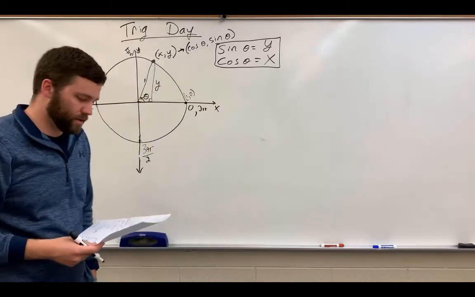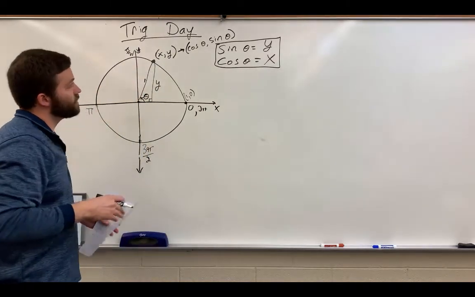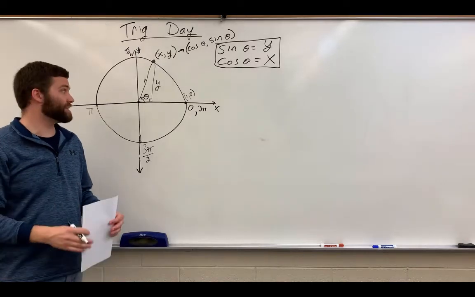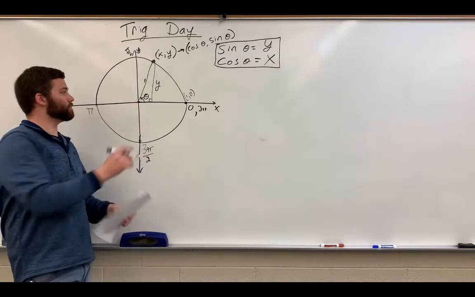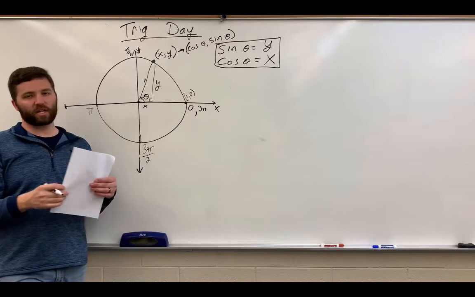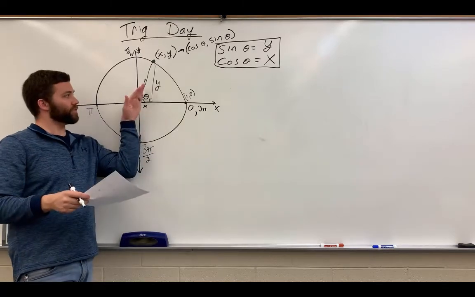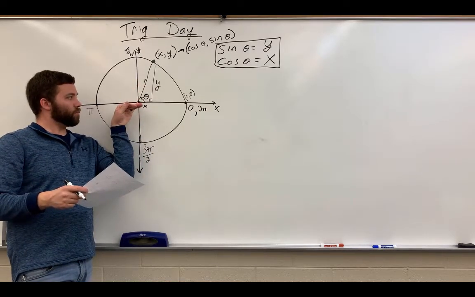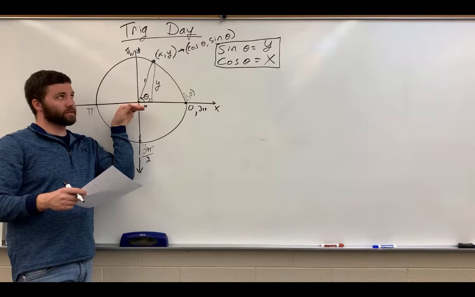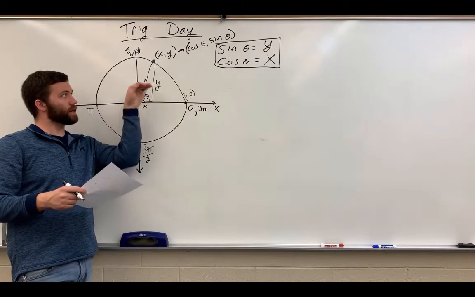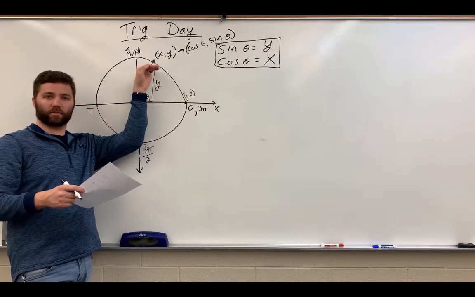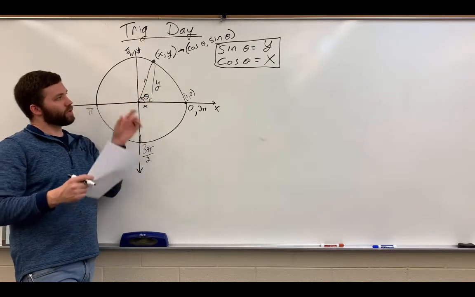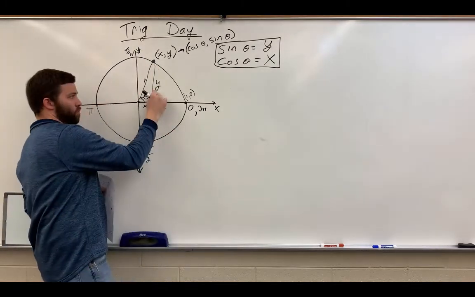The other thing, when it came to tangent, is we define tangent as the slope of the line that's created when you connect the origin to any arbitrary point on the unit circle. The slope is rise over run, so y over x.